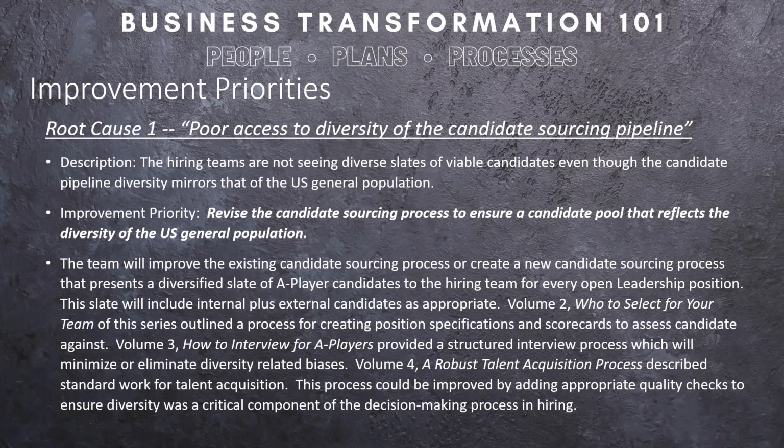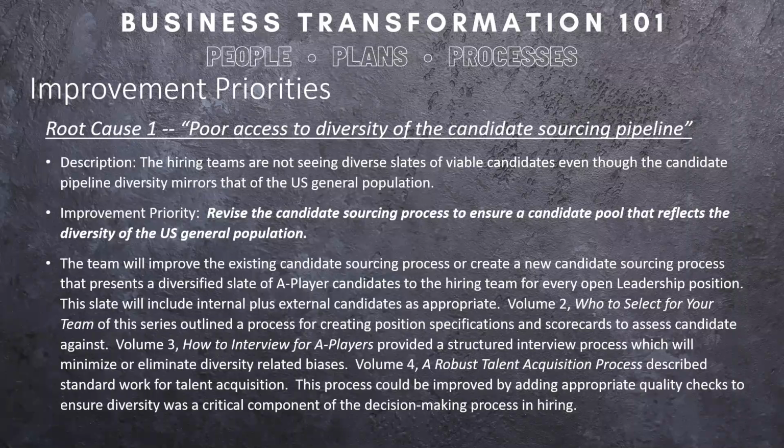Volume 2 of this series, entitled Who to Select for Your Team, outlined a process for creating position specifications and scorecards to assess candidates against. Volume 3, How to Interview for A Players, provided a structured interview process which will minimize or eliminate diversity-related biases.